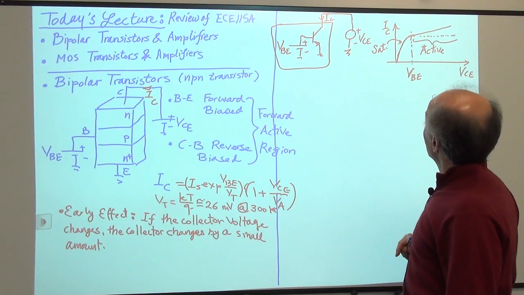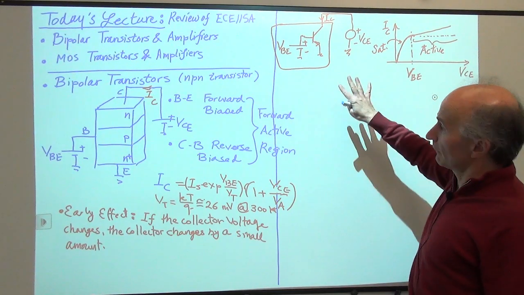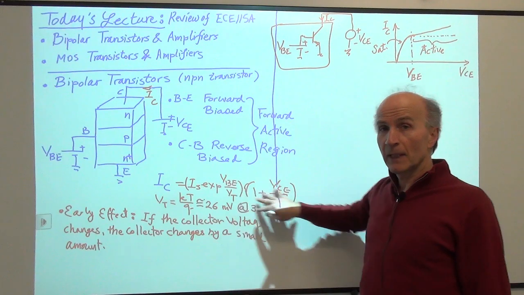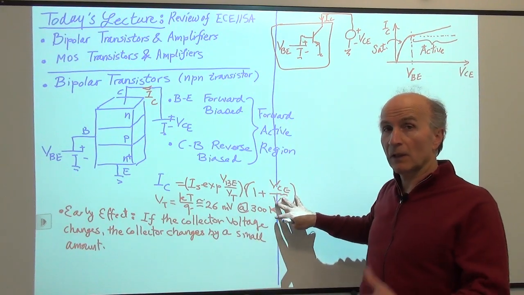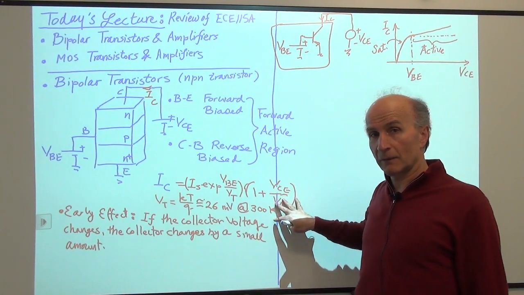Okay, so that's the basic model that we have for the bipolar device. And this model is called the large signal model of the transistor.